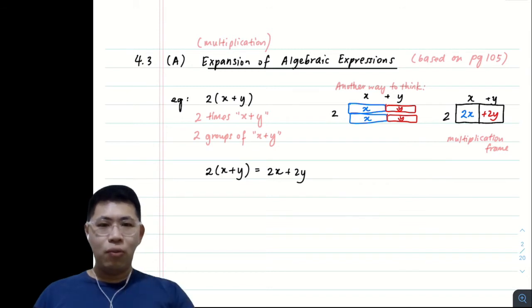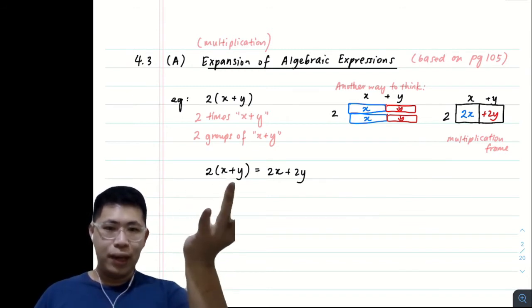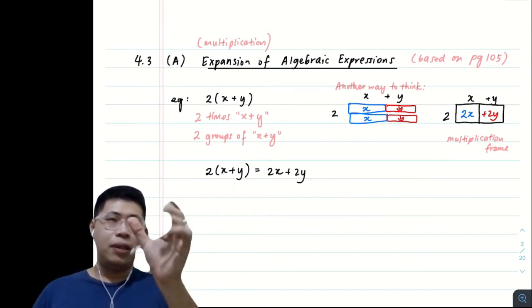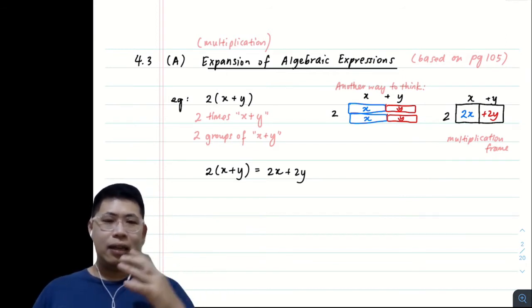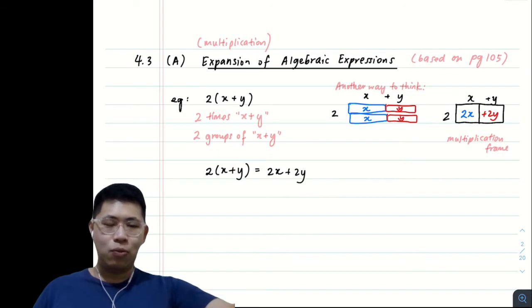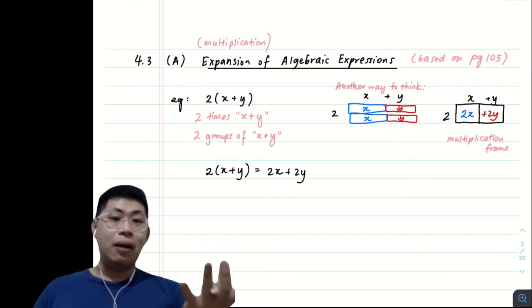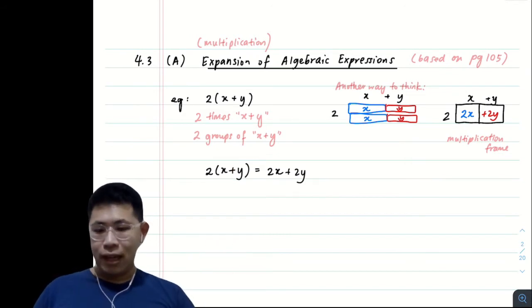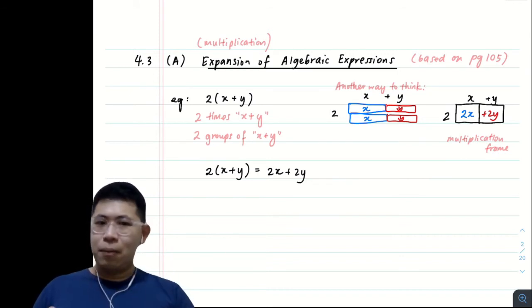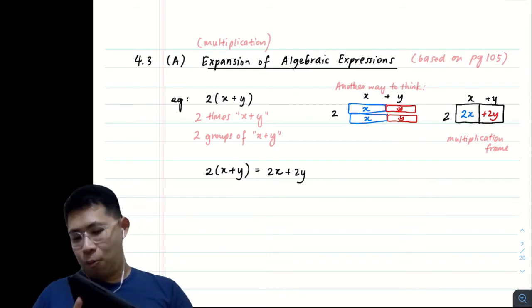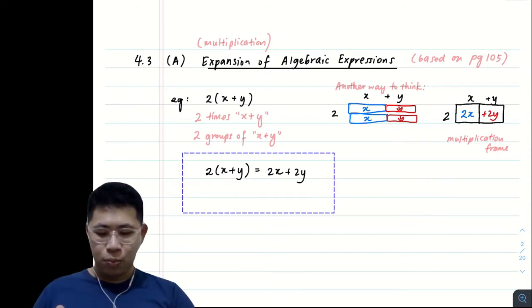So one way to think is by drawing the bricks, or by drawing your multiplication frame, and you think of it as 2 multiplied by x plus y to get the area within the box, or the rectangle, or within the frame. Now, another way to think about it is this thing we call the distribution law.